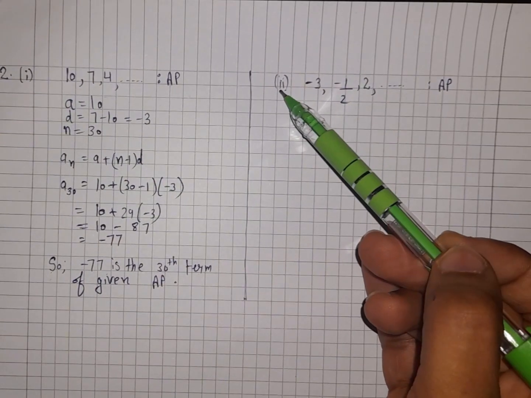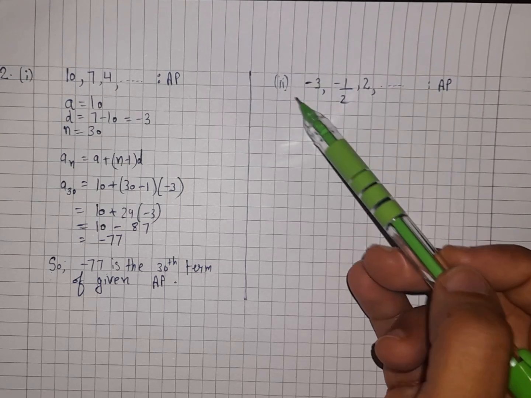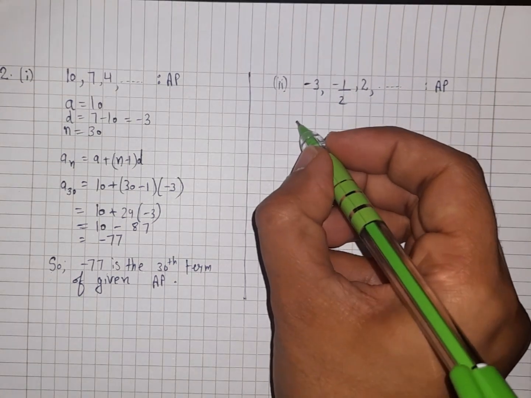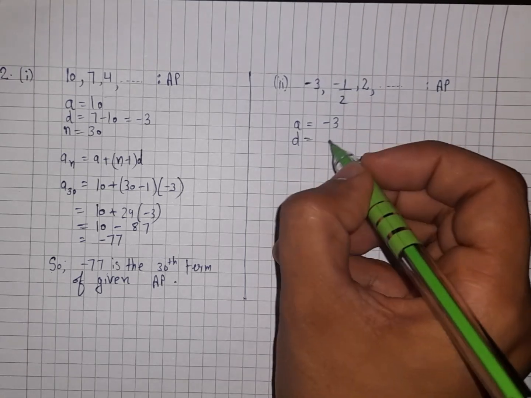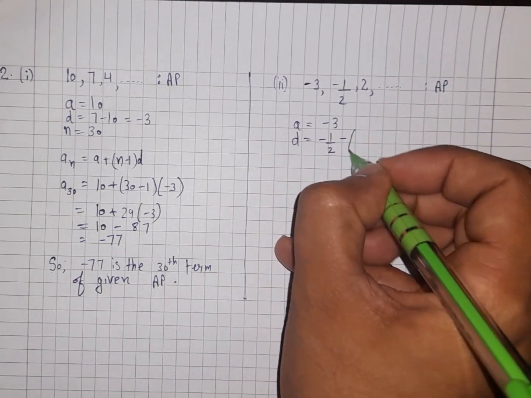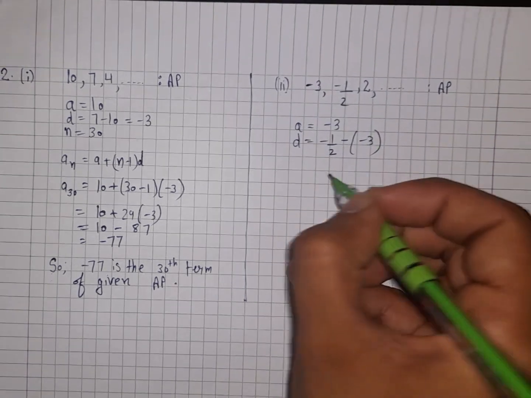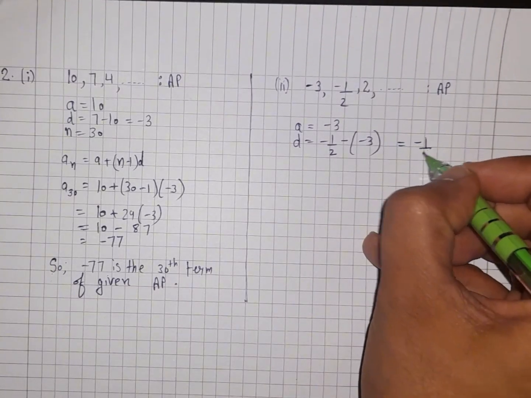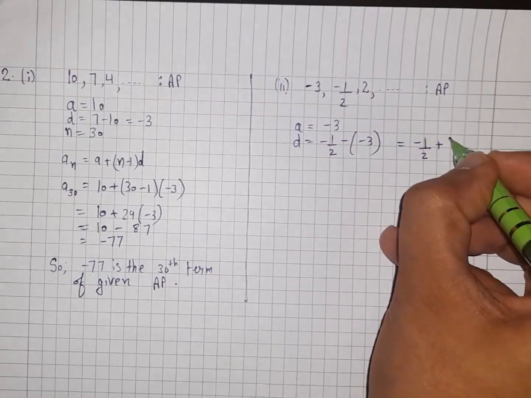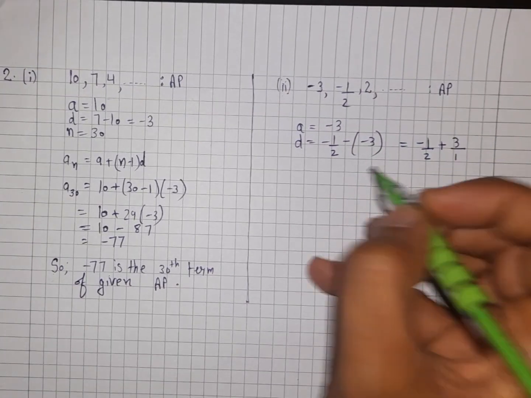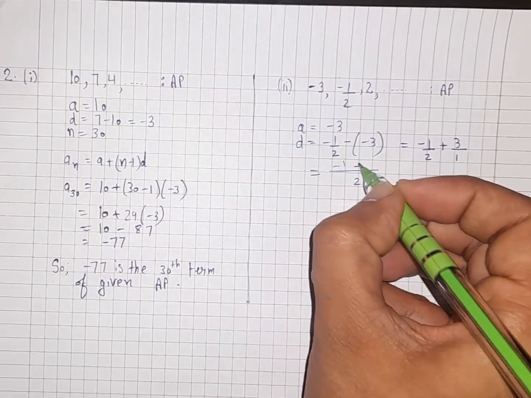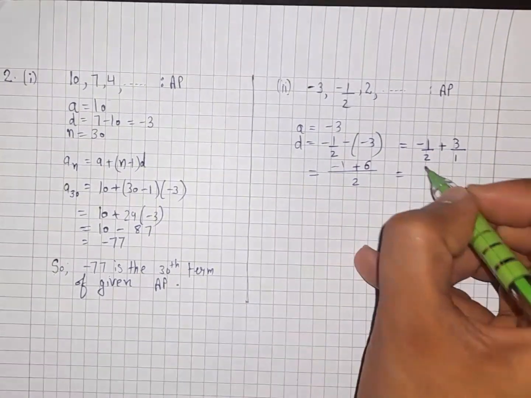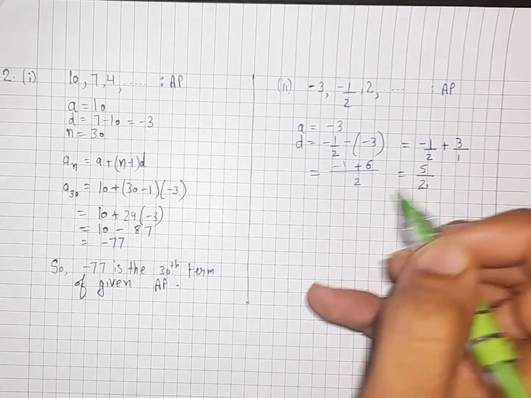In the second part, we need to find the 11th term of this AP, where a equals minus 3 and d equals minus 1/2 minus the first term, that is minus 1/2 minus (minus 3). After taking LCM, we will have d equals minus 1 plus 6, that is 5 upon 2.